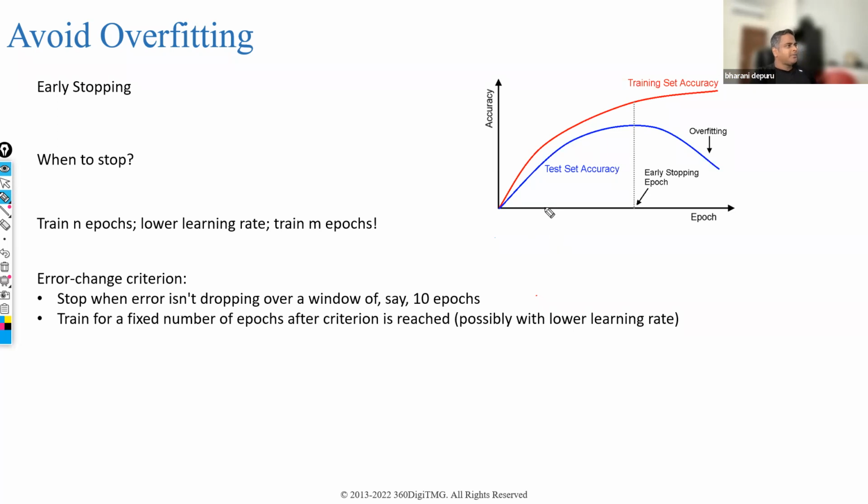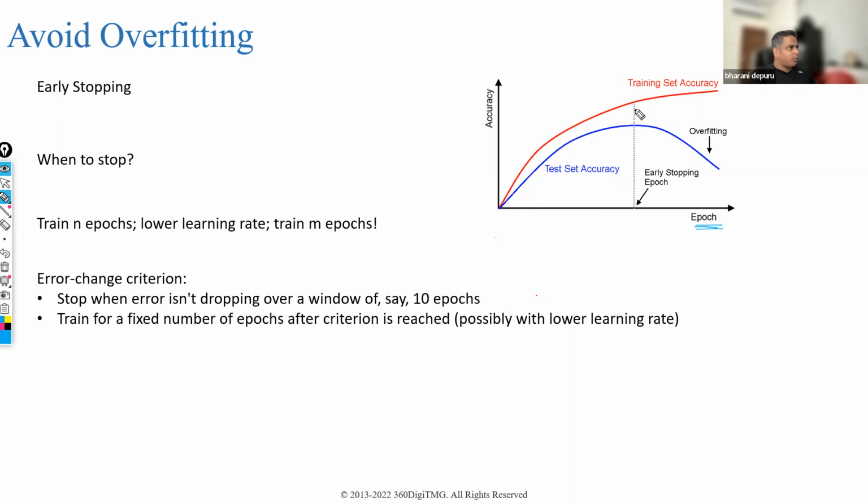And then what happens is, when you keep on increasing the number of epochs, your training accuracy will keep on increasing, whereas your test accuracy will increase up to a certain point, and then it will start decreasing.